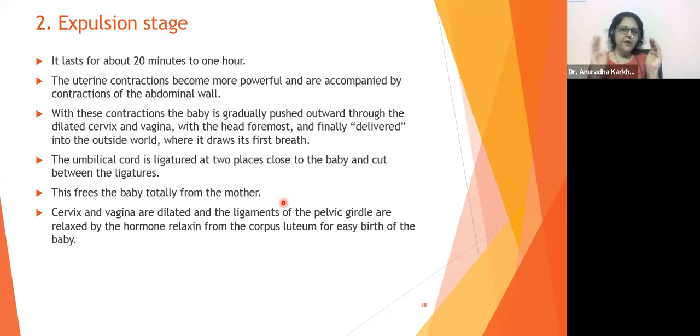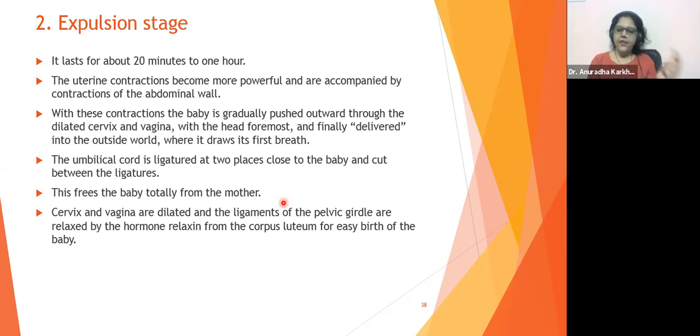Now the progesterone level has dropped because of the corticosteroids. Now the corpus luteum will immediately synthesize relaxin to relax the smooth muscles to come back to normalcy. So relaxin will relax the muscles, hence the name relaxin. So this is the expulsion stage.